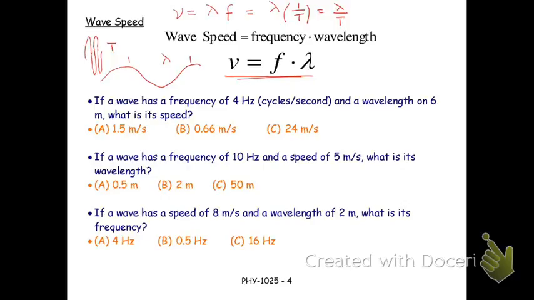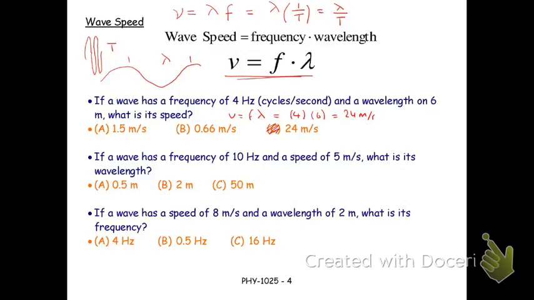So some practice examples. If we have a frequency of 4 hertz and a wavelength of 6 meters, what is its speed? V equals f lambda. 4 hertz and 6 meters is 24 meters per second. Yep.